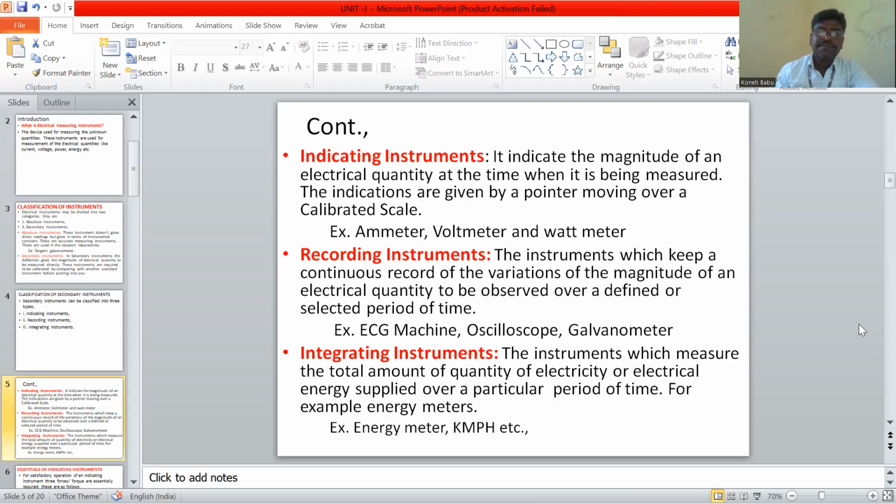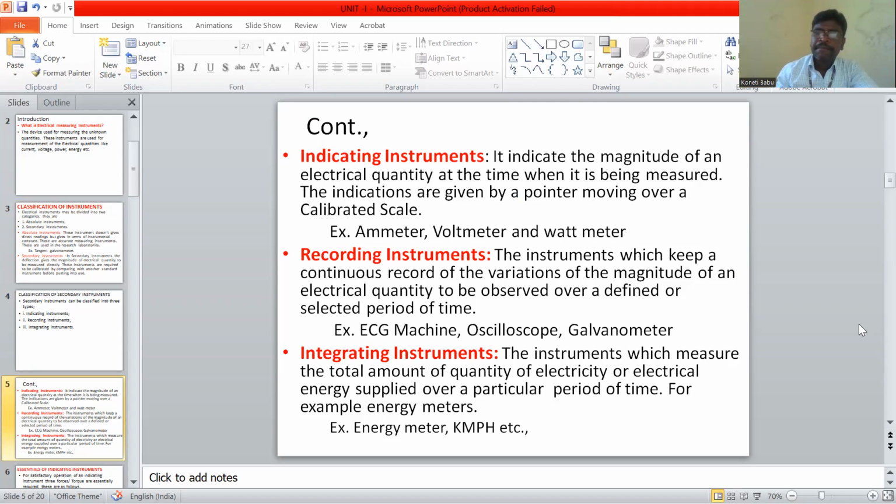The second one is recording instruments. These instruments keep a continuous record of the variation of the magnitude of an unknown electrical quantity over a defined or selected period of time.